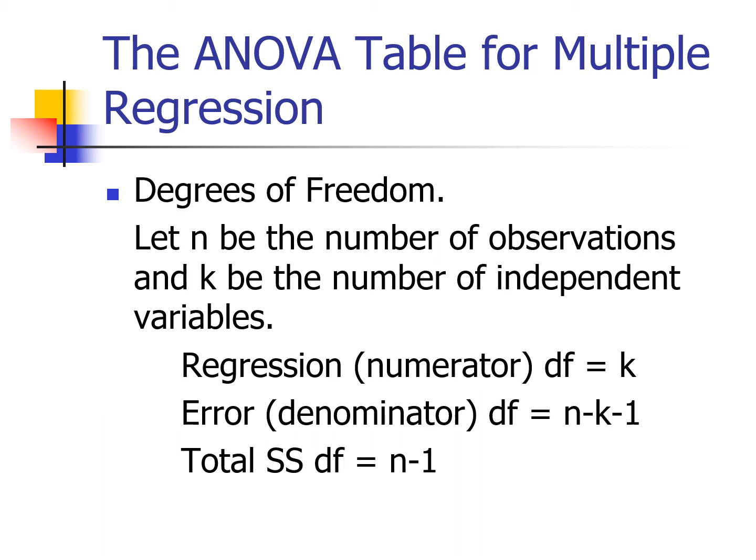If n is the number of observations, our sample size, and k is the number of independent variables, the number of x's, then the degrees of freedom for our regression is k. The degrees of freedom for the error are n minus k minus 1. And the total degrees of freedom, the degrees of freedom for the SSY, are still n minus 1.